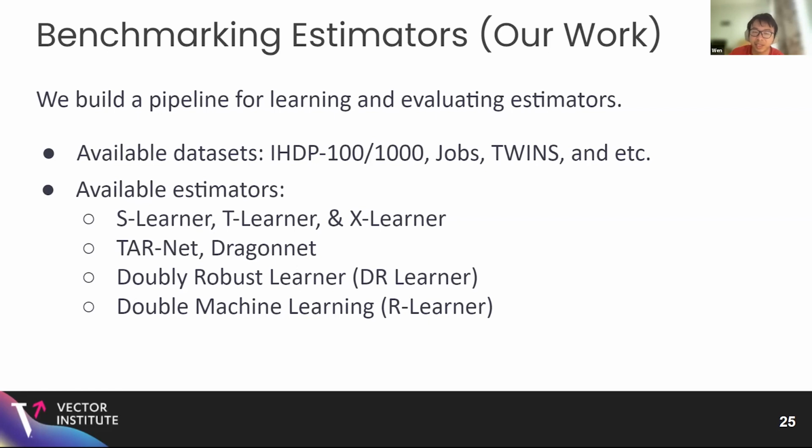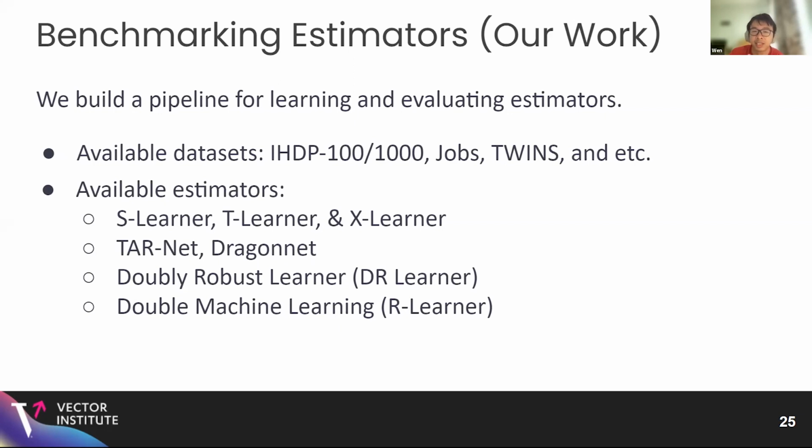For example, S-learner and T-learner, which are basically basic ML models, and TARNet and DragonNet, where we leverage deep learning using complicated neural networks for estimation, and also some causal inference specific techniques like the doubly robust learner and the double machine learning learner.